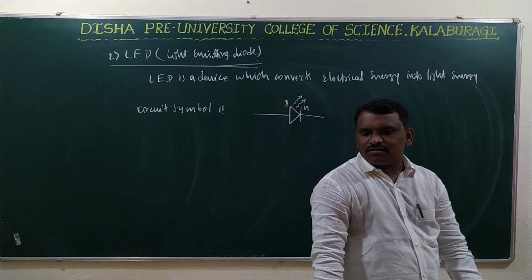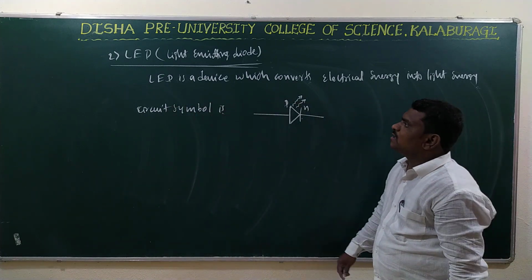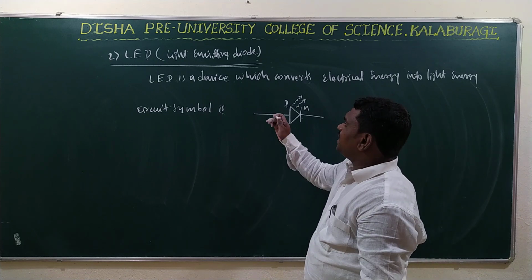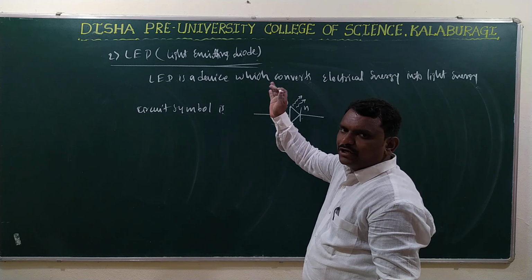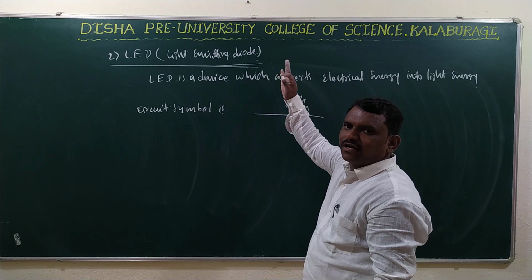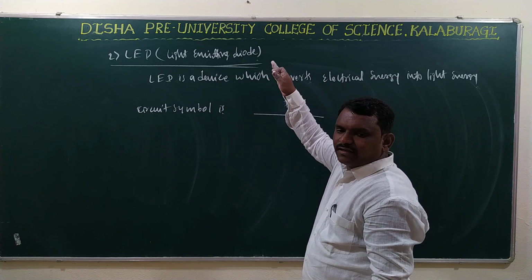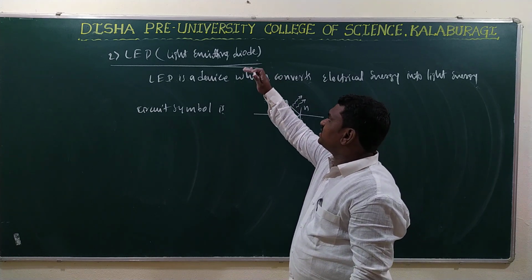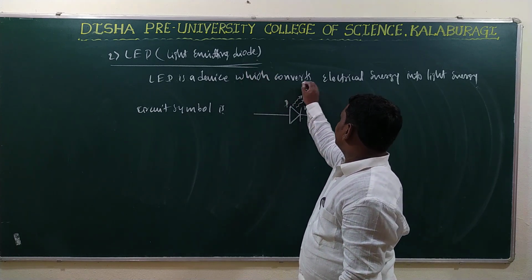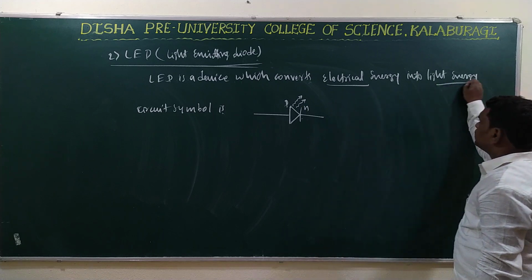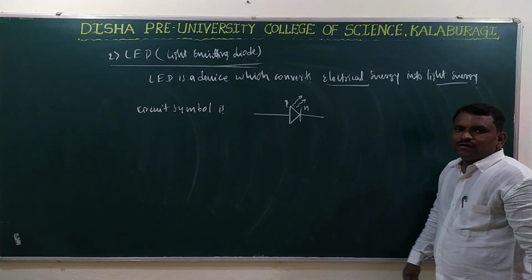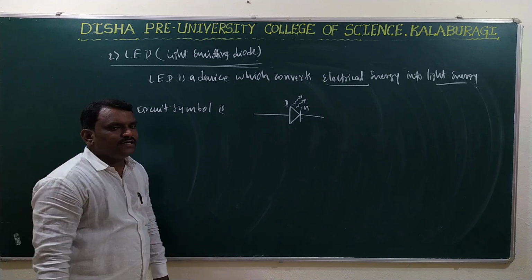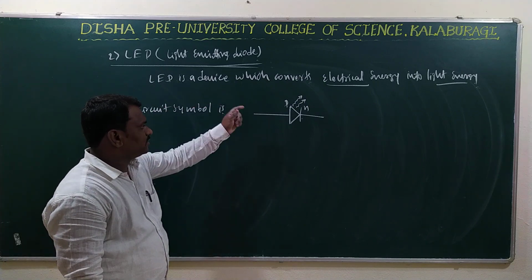The difference between a photodiode and a light emitting diode is that a photodiode converts light energy into electrical energy, but the light emitting diode converts electrical energy into light energy. Completely, LED is the reverse of the photodiode. Is that clear?